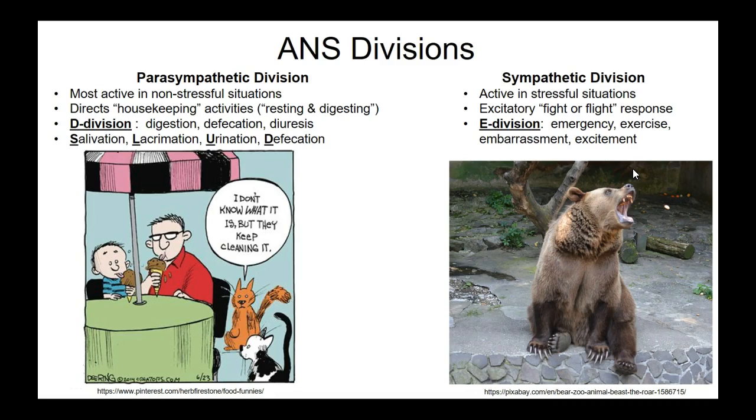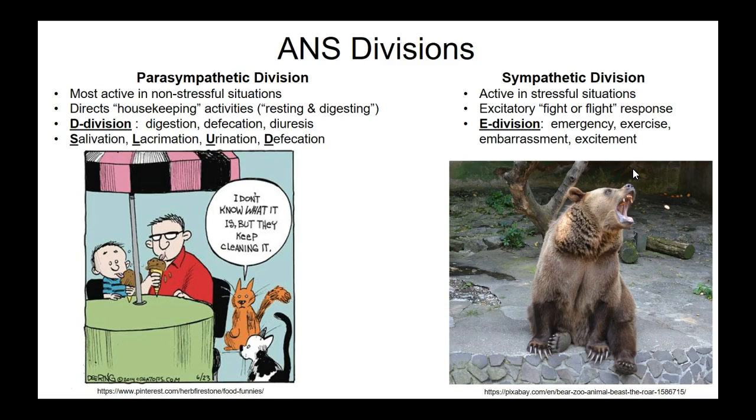You can think about this as kind of the E division, where you have embarrassment, excitement, exercise, emergency situations, all of those types of situations activating the sympathetic nervous system. And when you get activation of the sympathetic nervous system, it's generally going to do the opposite of the parasympathetic.